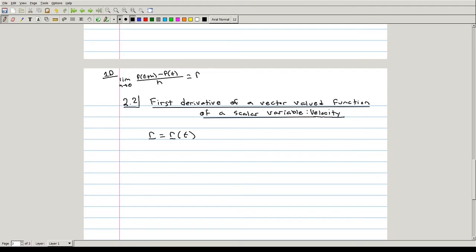This is exactly what we call f prime at the point t if this limit exists. It's the first derivative of a scalar function of a scalar variable. Let's make it a bubble.